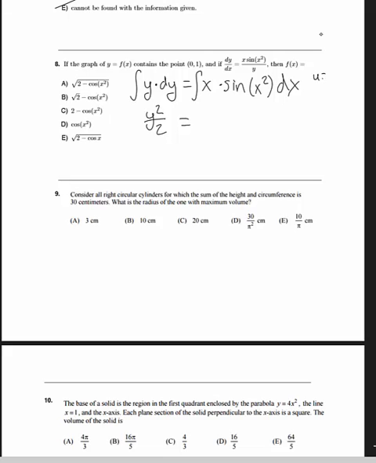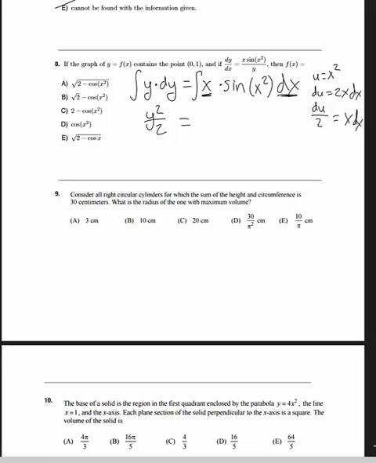So our u is going to be x squared. Du would be 2x dx. Now we want to get dx by itself, so we'll divide by 2x. So we have du over 2x, or actually over 2, is equal to x dx, right? Because we already have this x dx here.